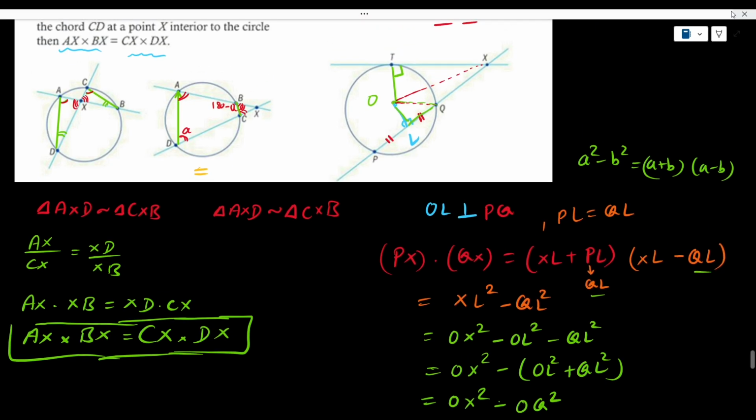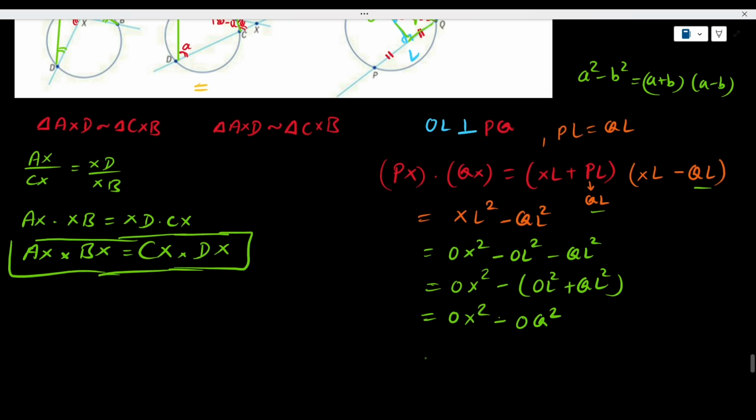Now OQ is nothing but the radius, and you know the radius is always equal in length, so OT equals OQ. You can see that we are reaching the other triangle. This is minus OT square, because OQ equals OT.